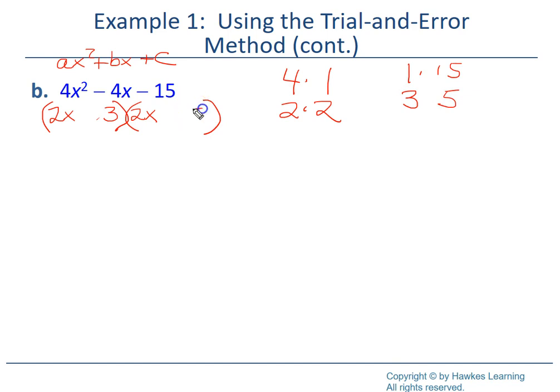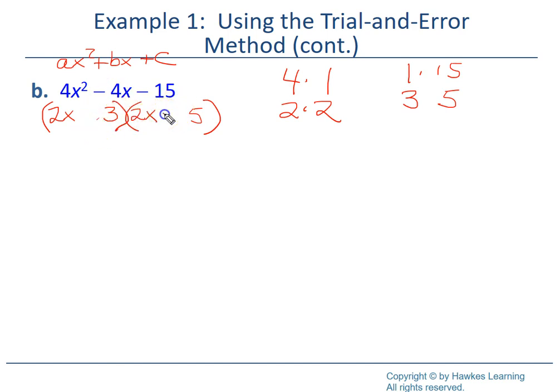I'm looking ahead here with a little bit of experience. My outers will be a 10. My inners is a 6. So 10 minus 6 is 4.